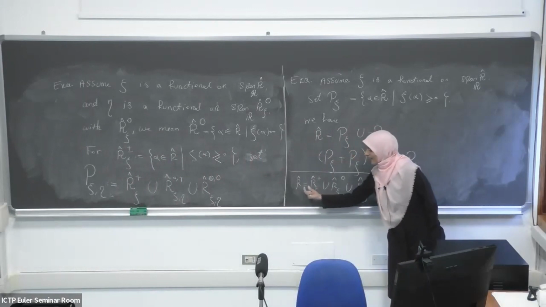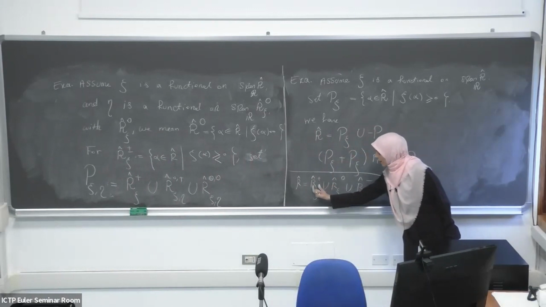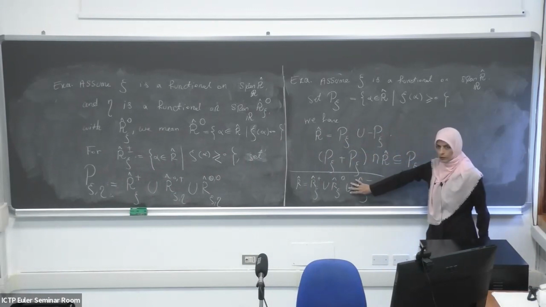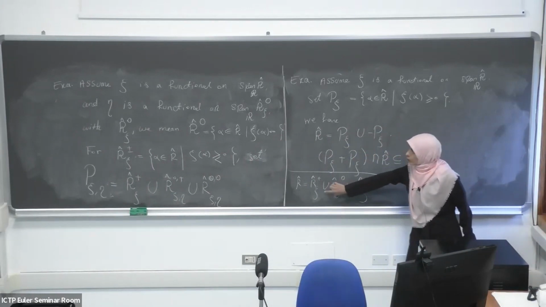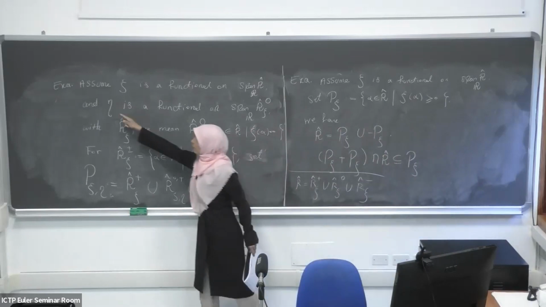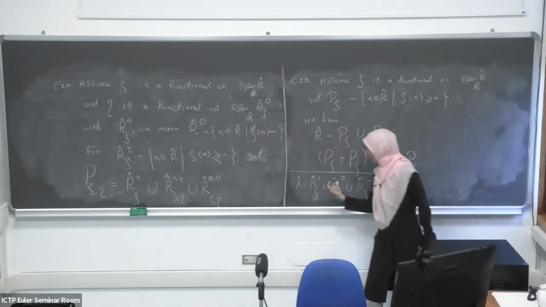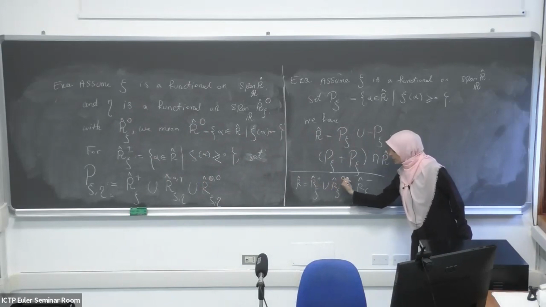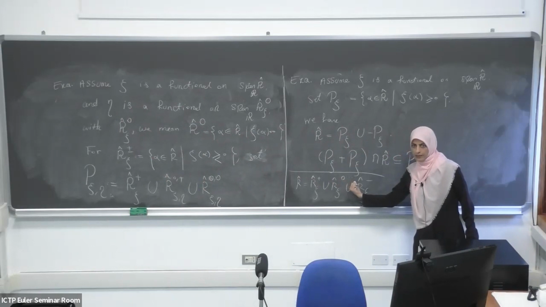Okay, R hat has a decomposition like this: R hat plus, R hat null, and R hat minus. Forget about this part. And for this part, using eta, we then have a decomposition for this part as well: a part plus, null, and minus, right?